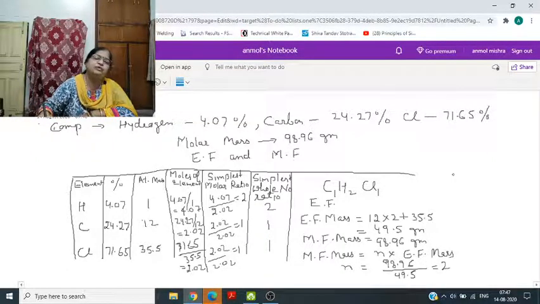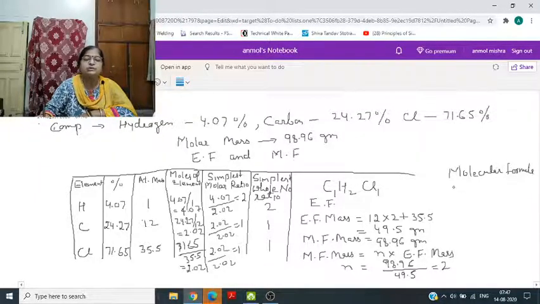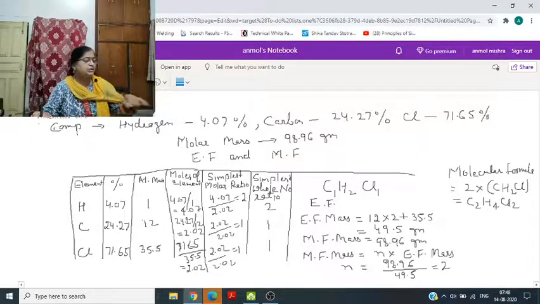So molecular formula will be 2 into CH2Cl, which is equal to C2H4Cl2. So this is the method to find the molecular formula.